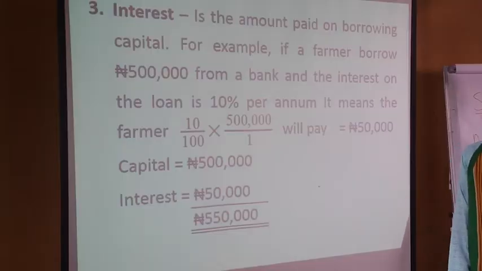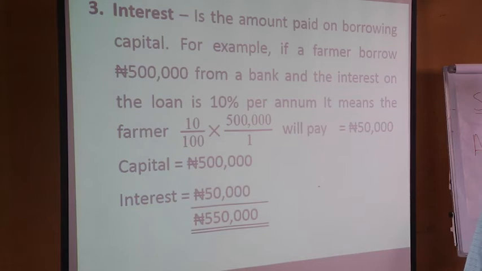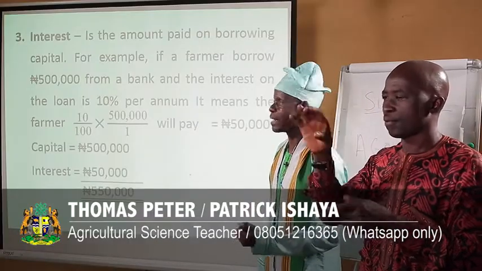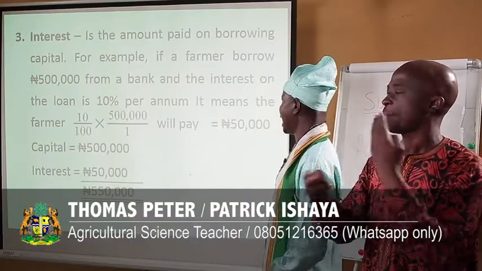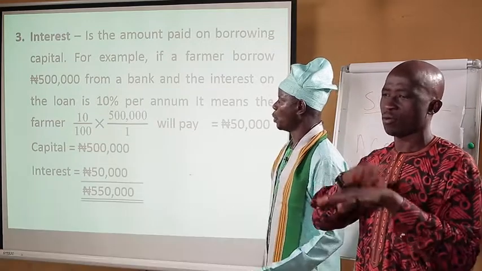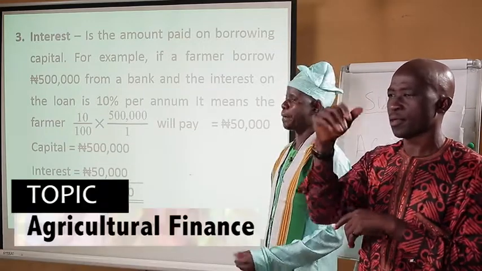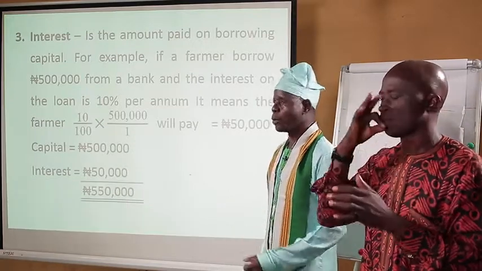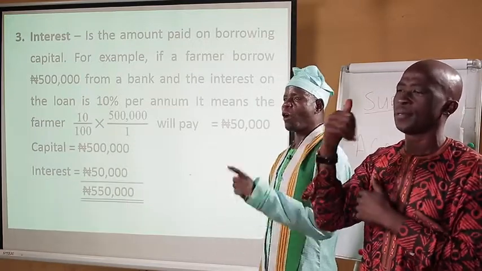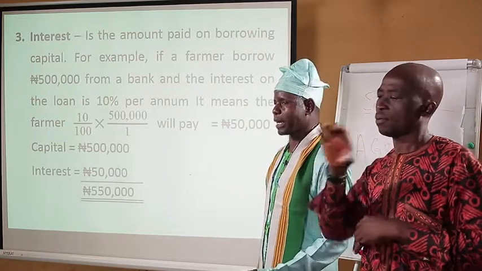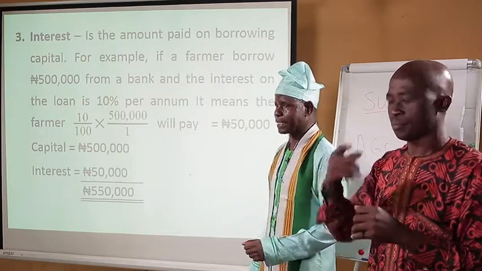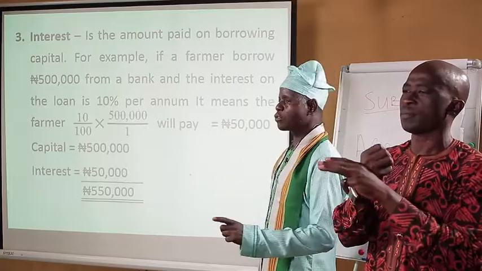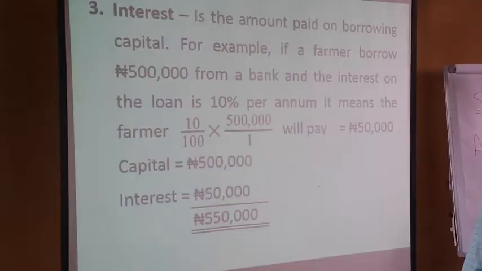For instance, if a farmer borrows 500,000 naira from a bank and the interest on the loan will be 10% per annum, it means the farmer will pay 10 over 100. Where do we get the 100? Because it is percent, times the 500,000 naira he borrowed.